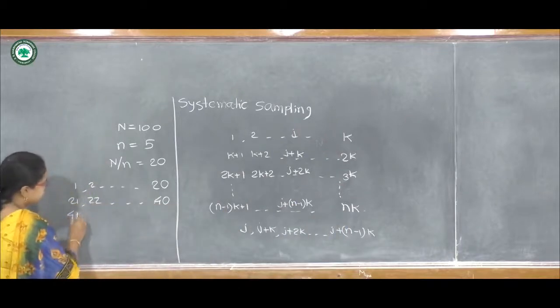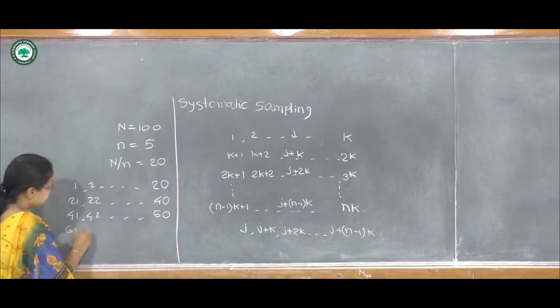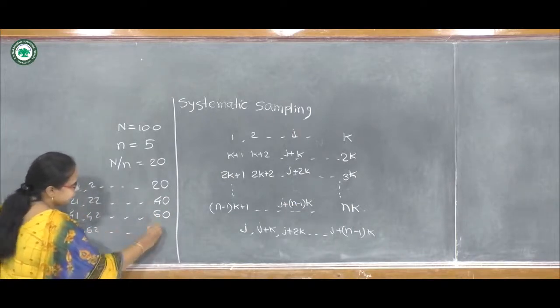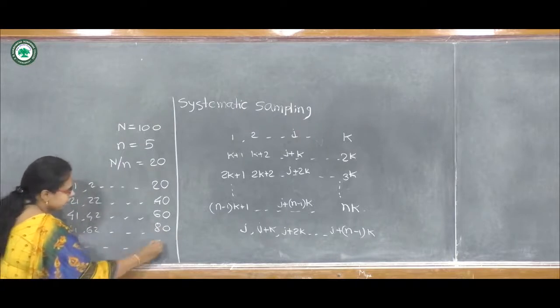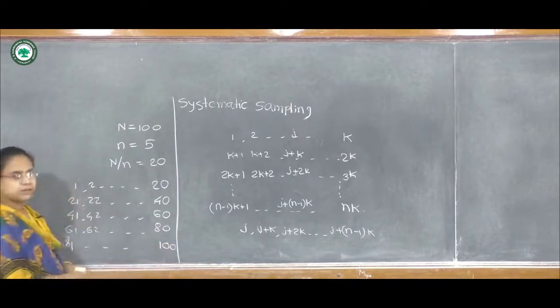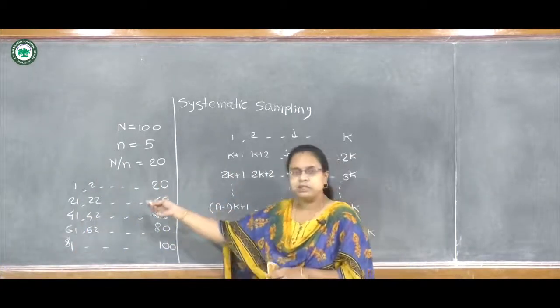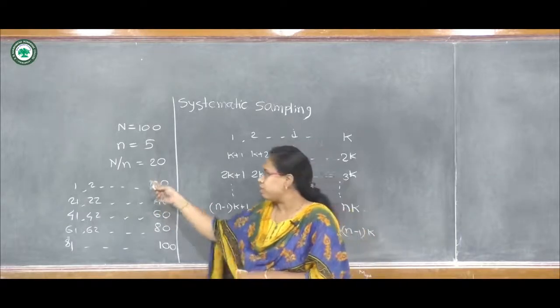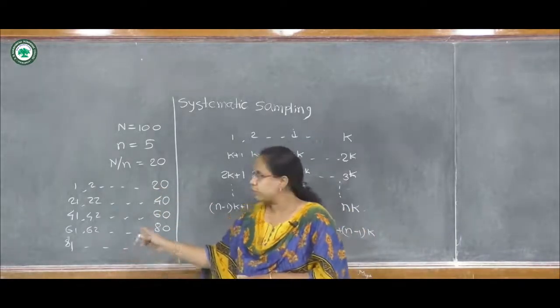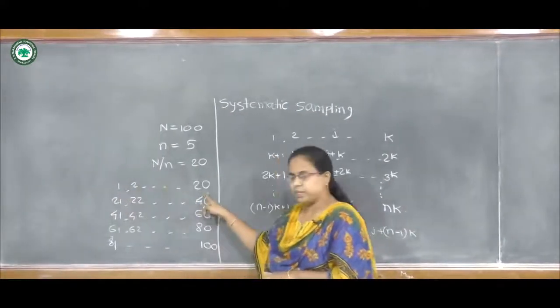Then 41, 42 up to 60, then 61, 62 up to 80 and 81 to 100. So in this way there are 20 groups and each group contains 5 students. So we can randomly select a number from 1 to 20.